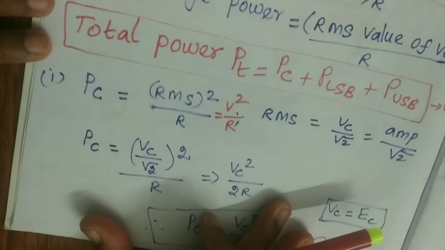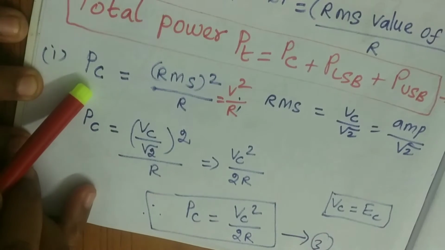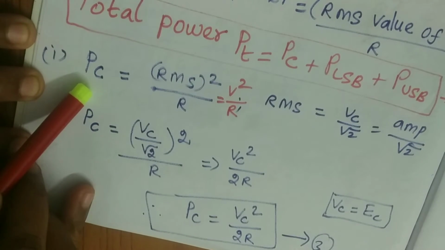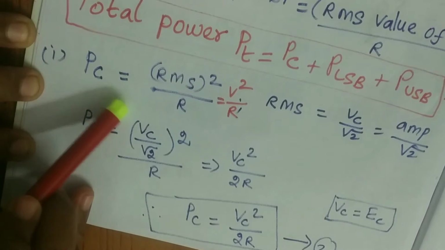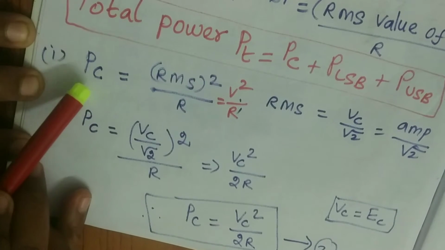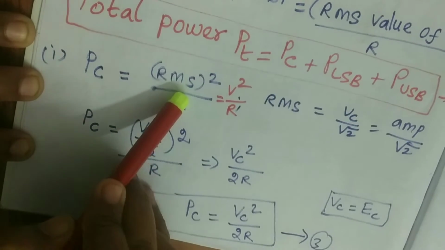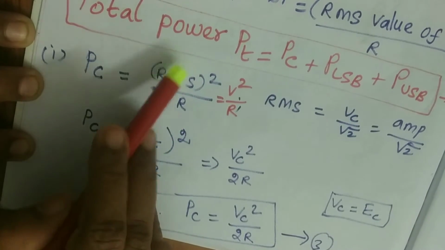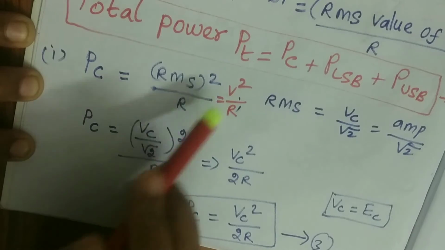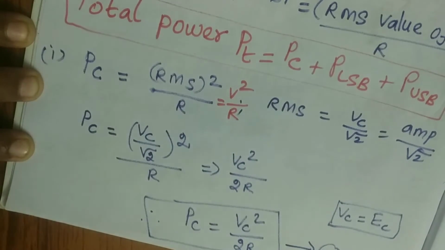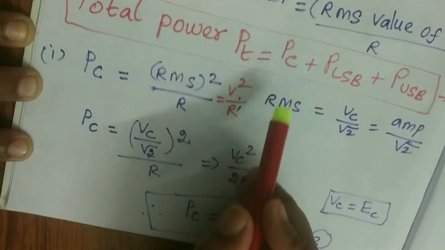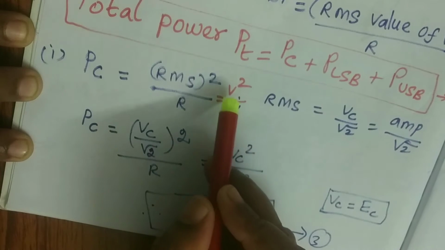In the first step, we have to calculate the value of carrier power. PC is nothing but carrier power. We know that power is equal to RMS voltage squared divided by R, that is V squared by R. For the carrier signal, what is the voltage?